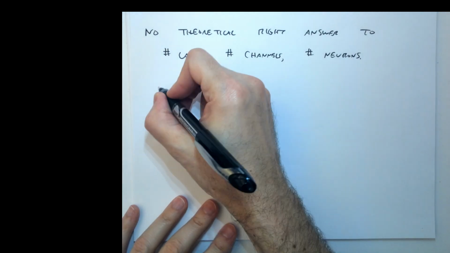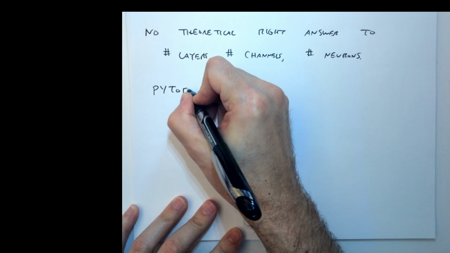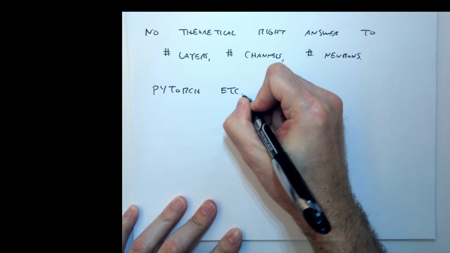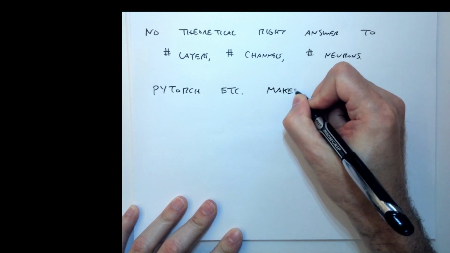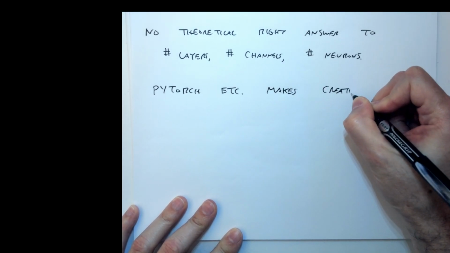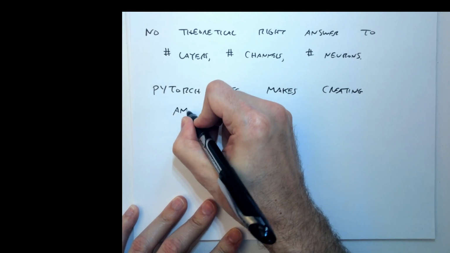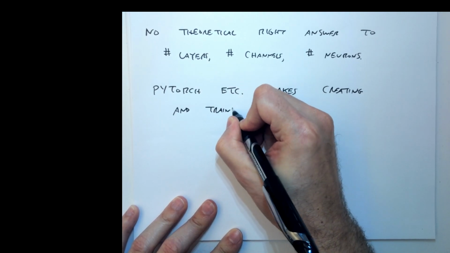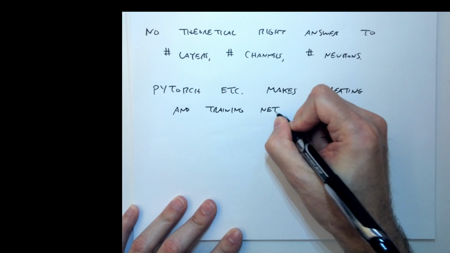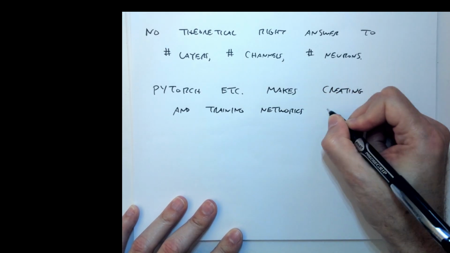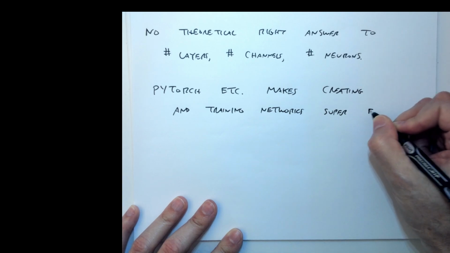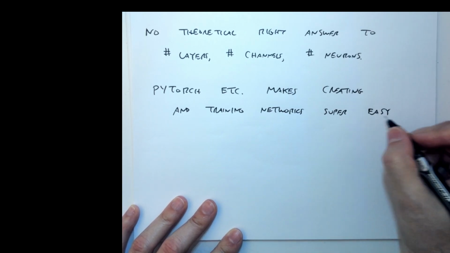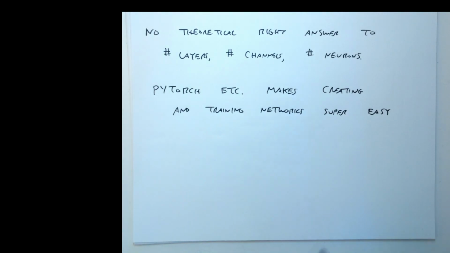So let me just say that PyTorch, etc., makes creating and training the networks super easy. Well, in a way, right? Creating is super easy. Training, turning the crank, is super easy.